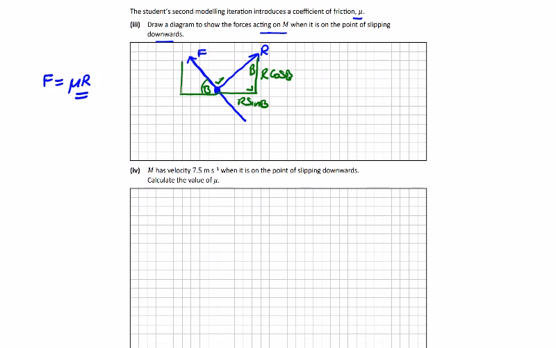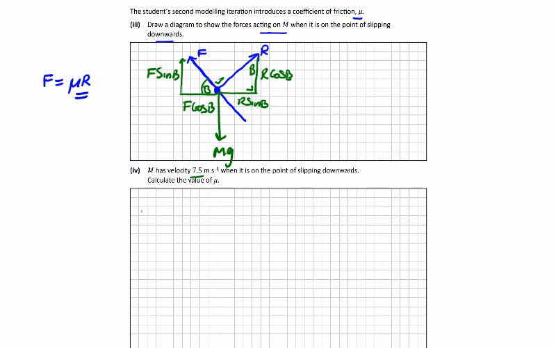So my force is involved here over this side, F sine beta, and down here F cos beta. So if we also have mg, actually don't we, mg. So if we create a few equations here, we might be able to solve when the velocity is 7.5.